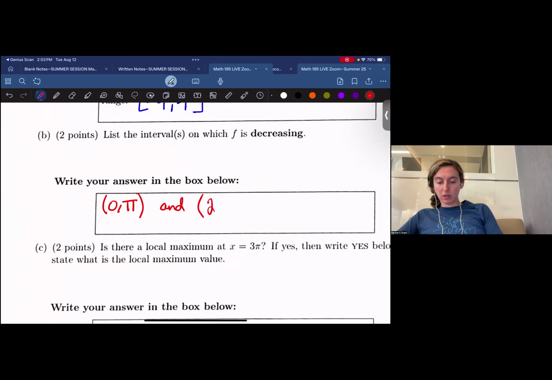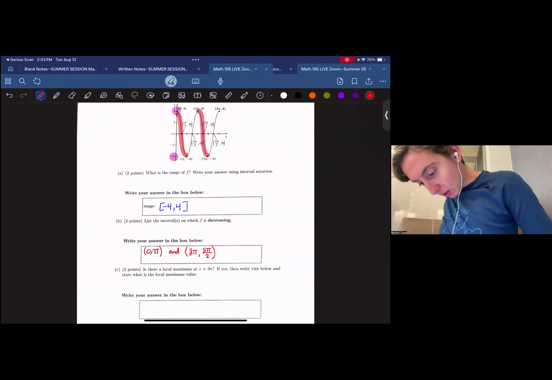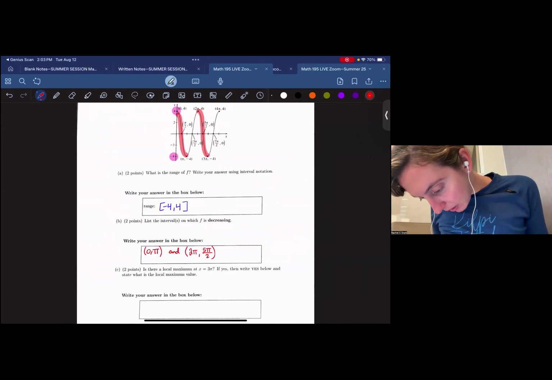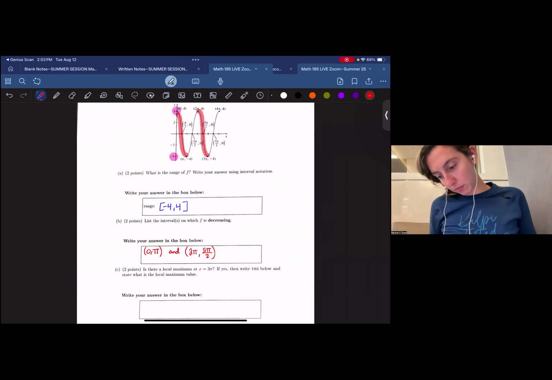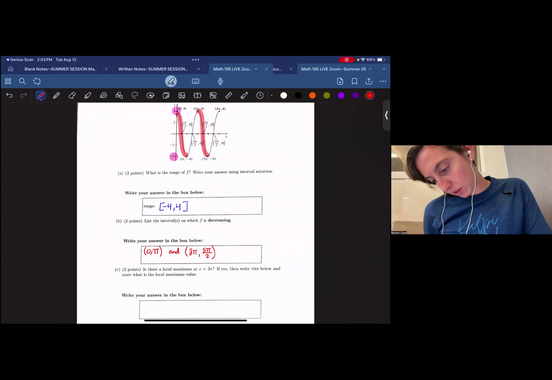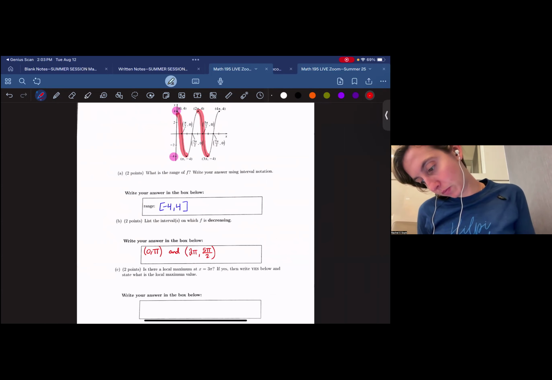And 2 pi to, let me just double check that last one. Is that right? 3 pi over 2, 4 pi over 2. Yeah. 5 pi over, sorry, 6 pi over 2, which is 3 pi.